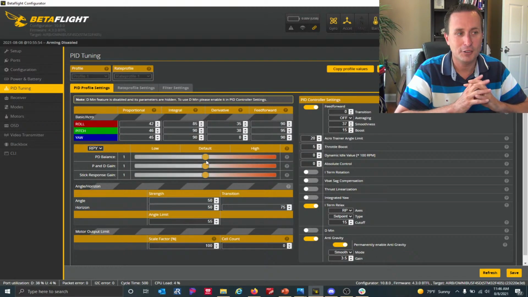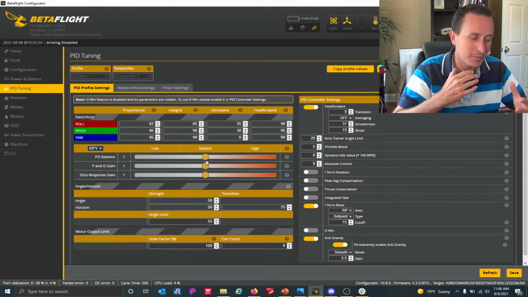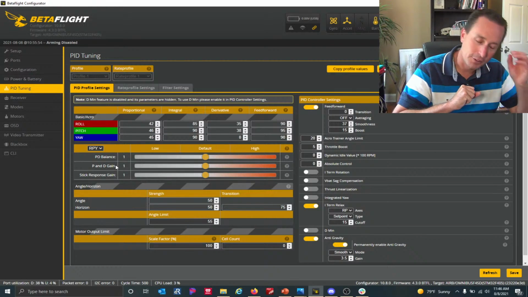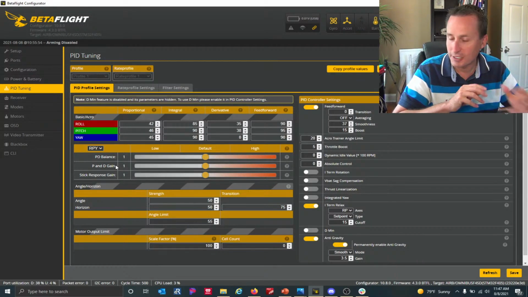So hopefully people can see that the sliders are there to make things easier. In the future, instead of having P&D balance and P&D gain, hopefully we have those named more simply, like prop wash and stick tracking slider, things like that.